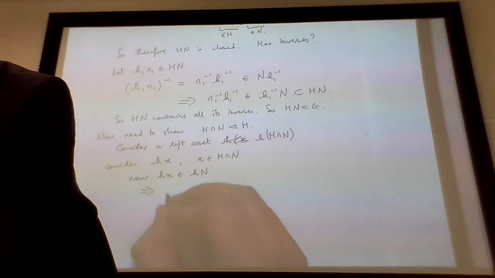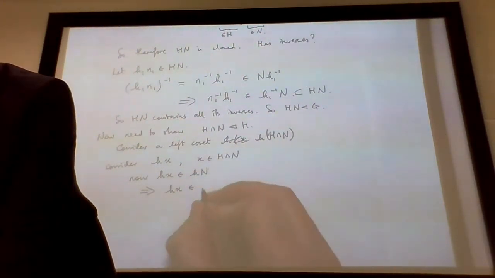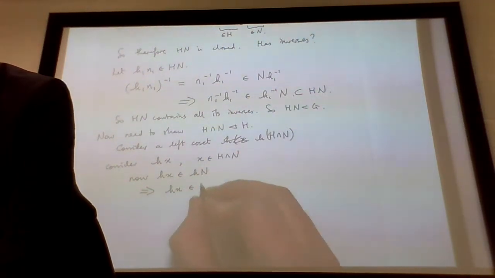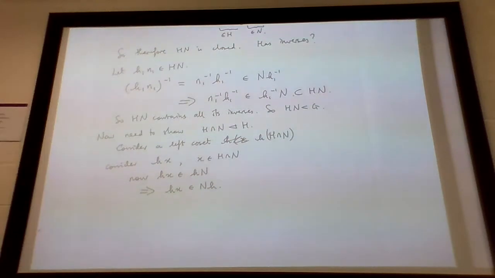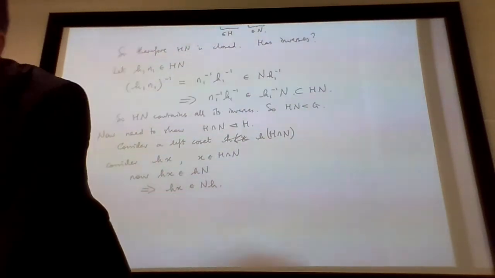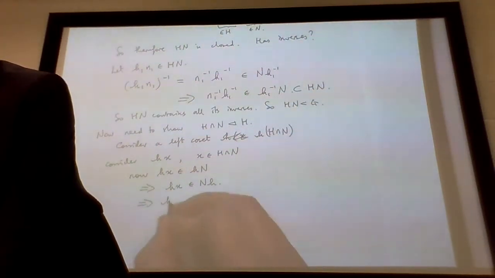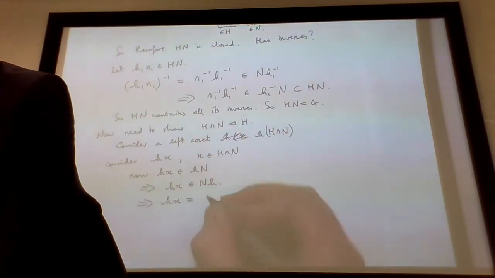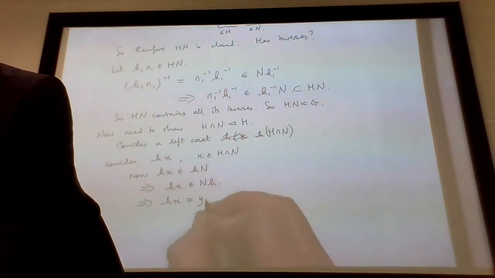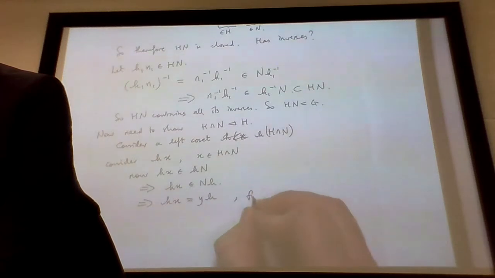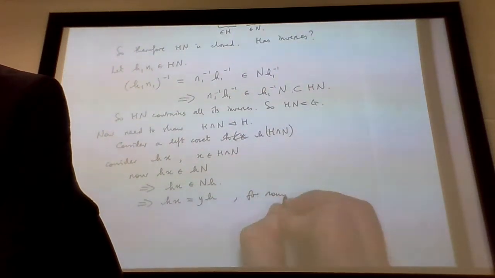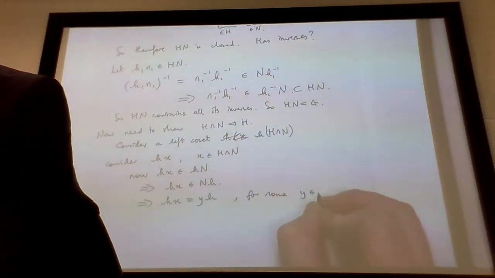But that implies that hx is also an element of the right coset. So that implies hx is equal to yh for some y from N.